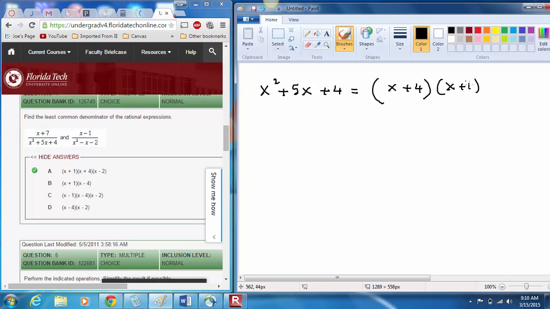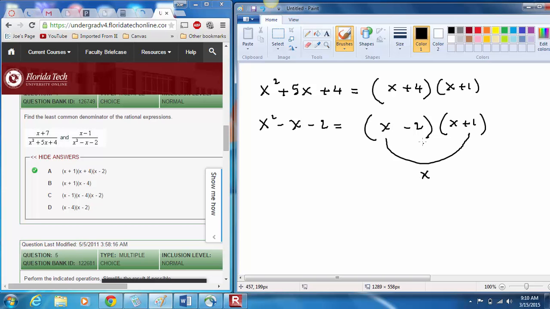Notice the product is 4 and the sum is 5. On the second one, we have x squared minus x minus 2. This is x minus 2, x plus 1. Notice that the outer is x and the inner is negative 2x. The sum is negative x, which is the middle term.